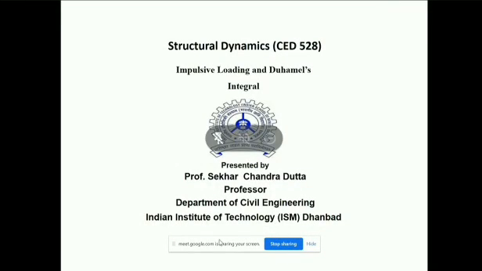We will learn about impulsive loading and Duhamel's integral. The major objective is to see how this can be used as a tool for finding the response for any general type of forcing function.